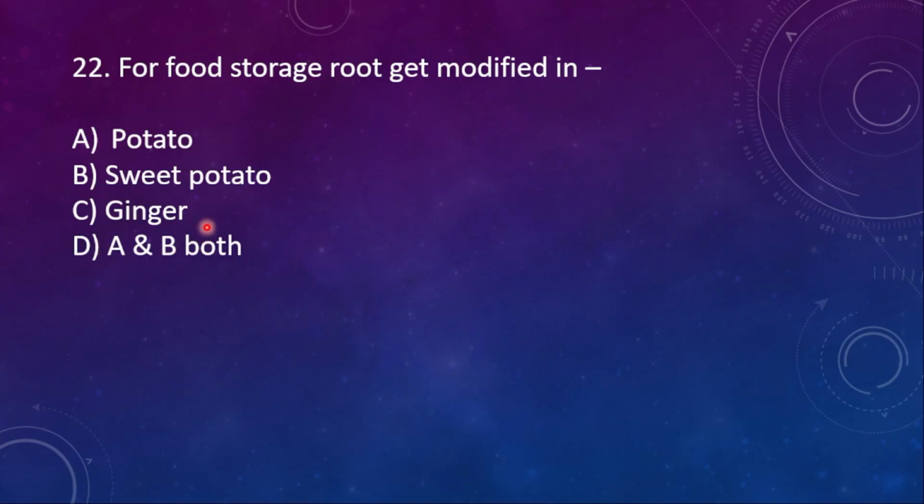So here the correct option is sweet potato, because he is asking about storage roots. Potato and ginger are also modifications for food storage, but potato is a stem modification, ginger is also a stem modification, and sweet potato is a root modification for the storage of food.